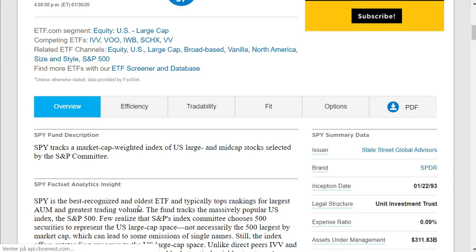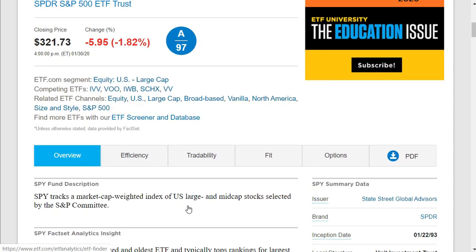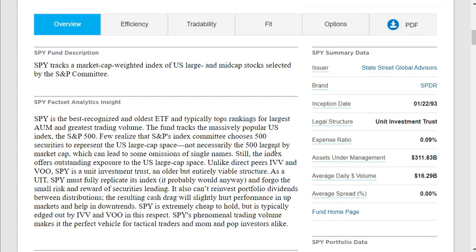I can see how they're allocated, how they're performing, and that the yearly expense ratio is 0.09%, because they have almost no expenses running an ETF like this. So that is what we are building the strategies on.